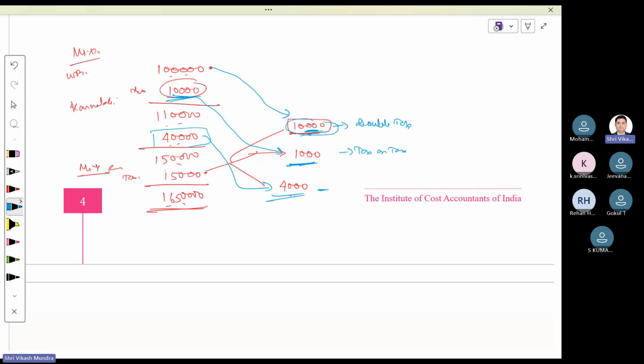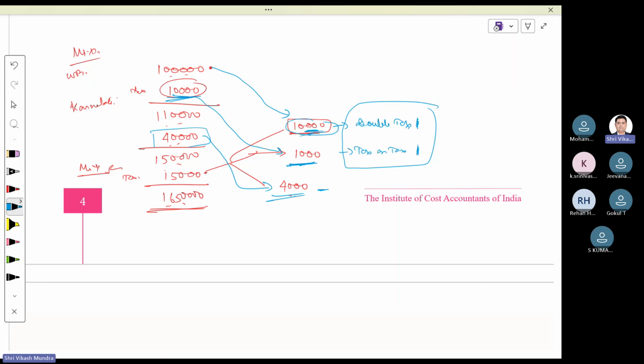In any mechanism, if there is double taxation or a tax on tax, which is known as the cascading effect of tax, if these two are there in any taxation system, it will lead to inflation, the product would be costlier, and this is not a good mechanism to levy tax.